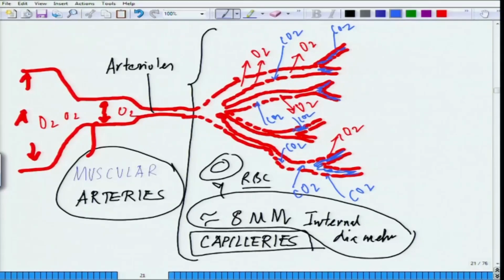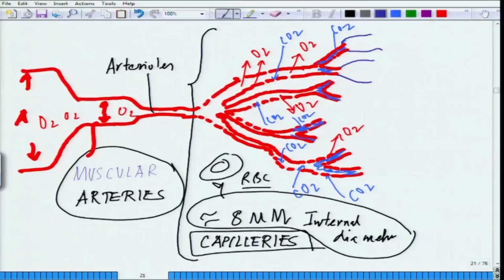As of now, the blood was all red. From here, these are picked up by the next series of vessels. I'm putting in a slightly darker green, which are called venules.